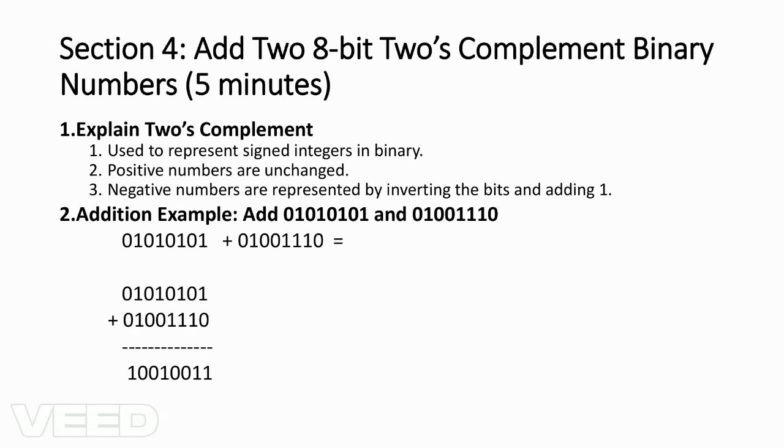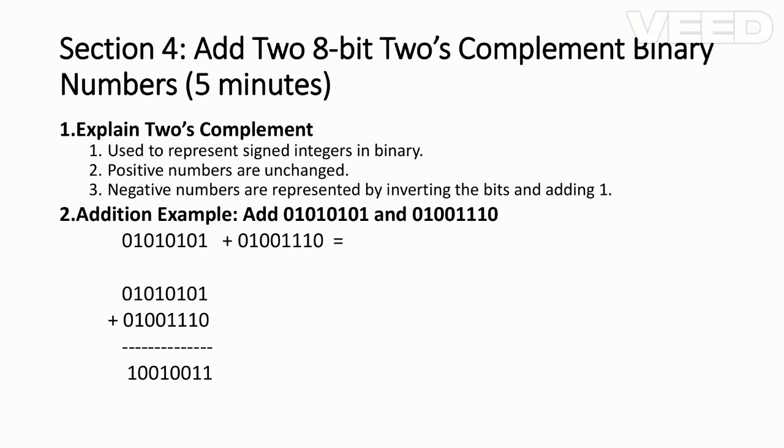The next one is how to add two binary numbers together, using two's complement. In the number system we have signed and unsigned numbers. We are going to use signed numbers, which means positive numbers, which we are going to add.